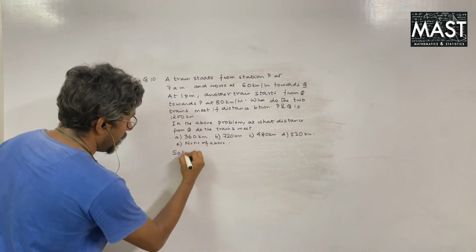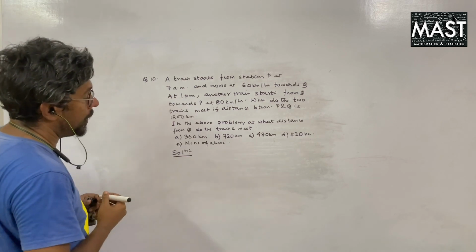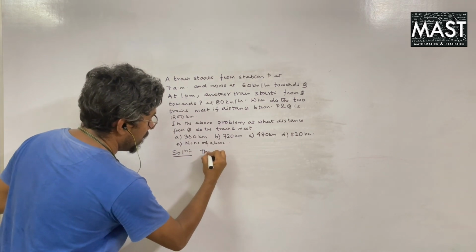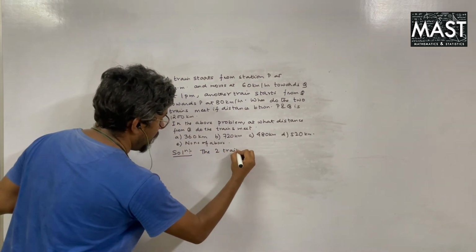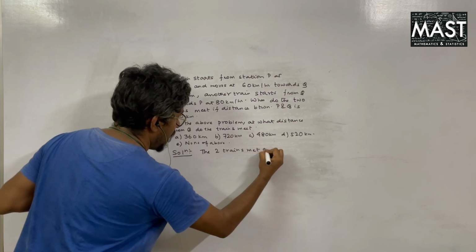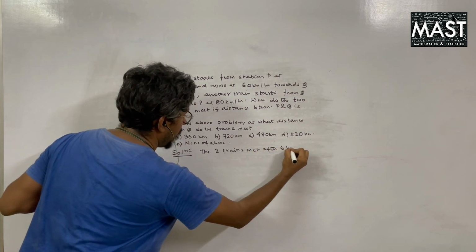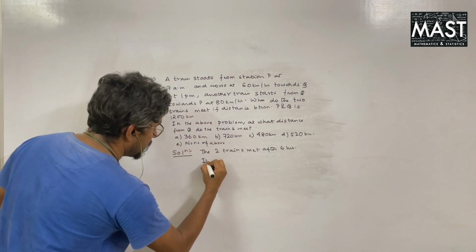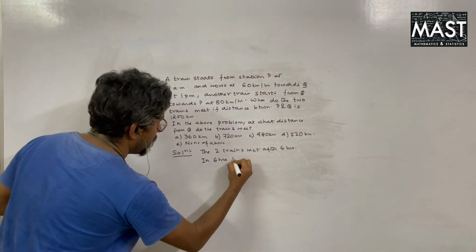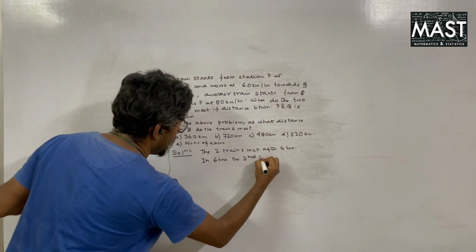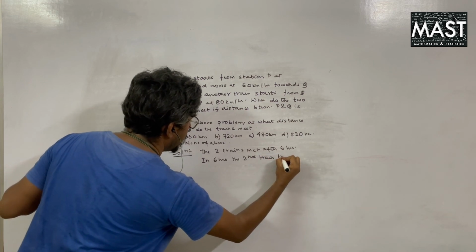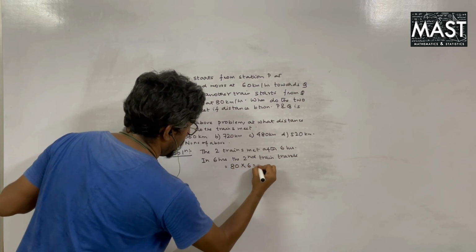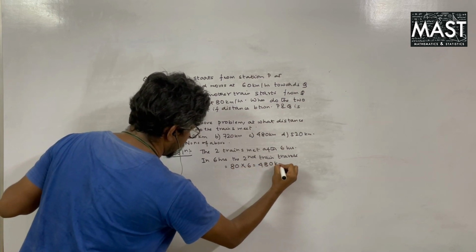Now, solution. If we remember what we did in the last numerical, the two trains met after 6 hours. That is, they met at 7 pm. So in 6 hours, the second train travels 80 into 6, which is 480 kilometers.